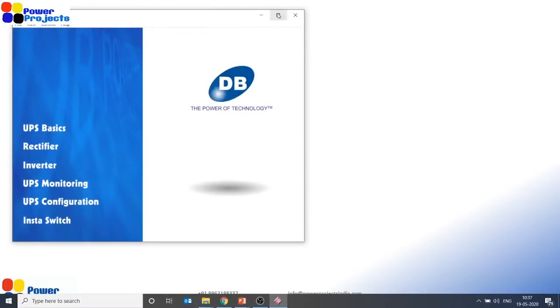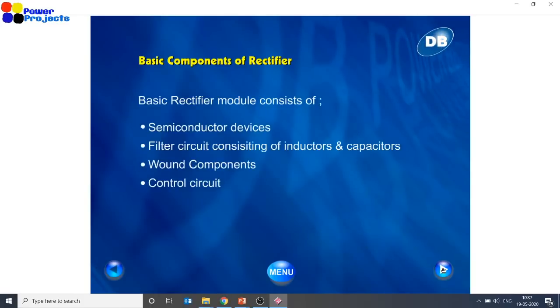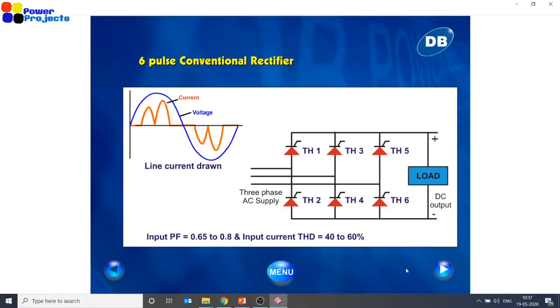I'm ending my session quickly with purely animations. Those of you who have worked in the industry might be aware of this, the DBUPS. Some animations: if it is a controlled rectifier, the voltage and current waveforms, and the input power factor. We need to really understand one important aspect, the relationship between harmonics and power factor. That's the predominant topic to discuss, but we are not going to discuss much on that.